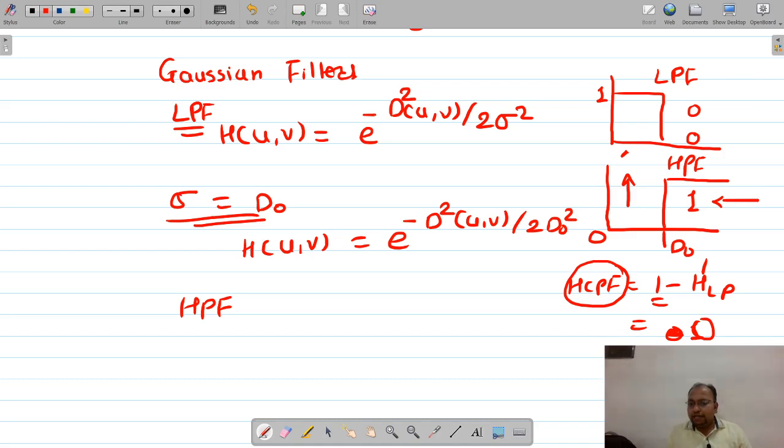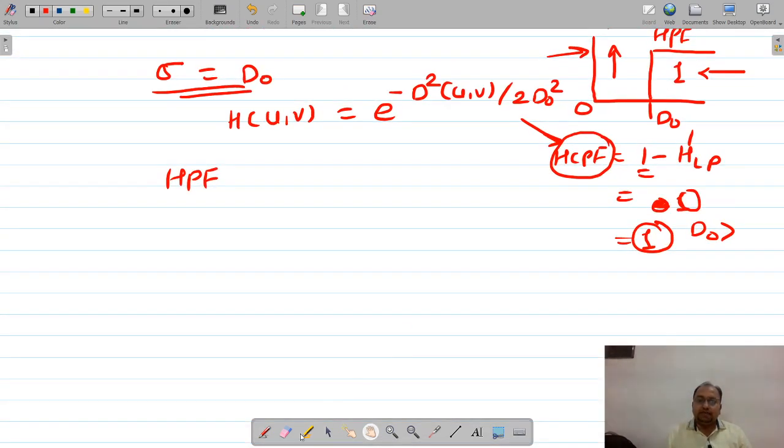So greater than D0 it has the value 1, and less than D0 it has the value 0. This is the relation between the low pass filter and the high pass filter: HPF = 1 minus LPF.